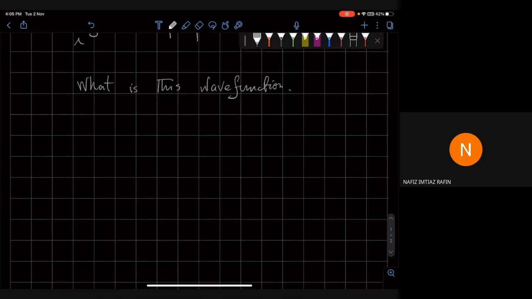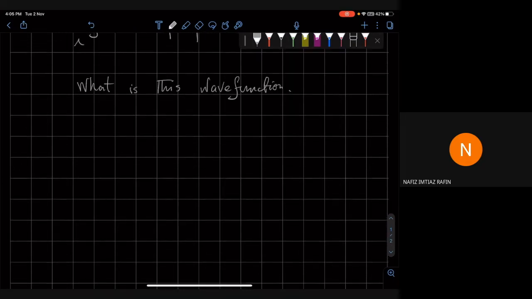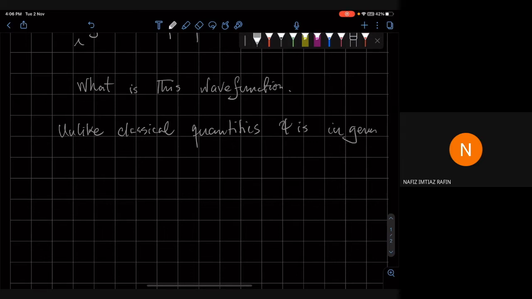First of all, unlike classical waves, ψ is, in general, complex. Okay, that's something I just want to emphasize a lot.